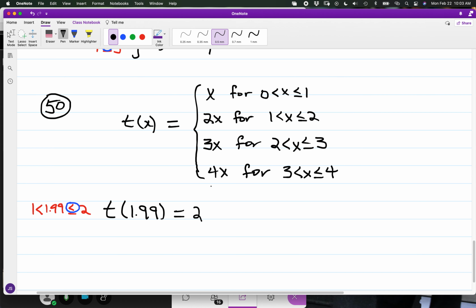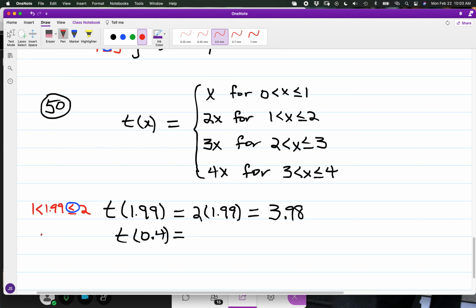Now, for yet another decimal input, we're looking at t of 0.4. And 0.4 is positive, and it happens to be less than 1. So we're going to have the first case apply.